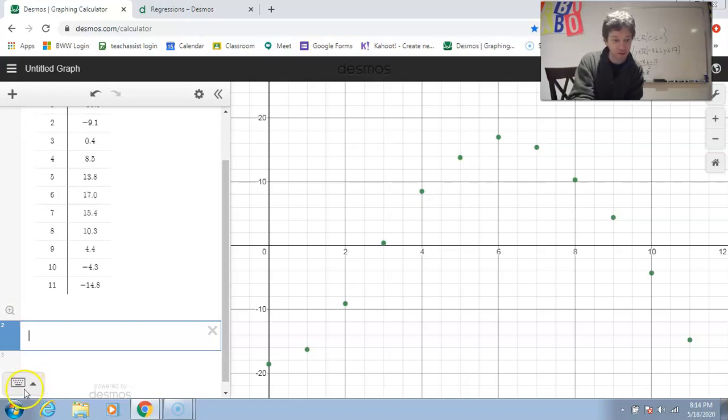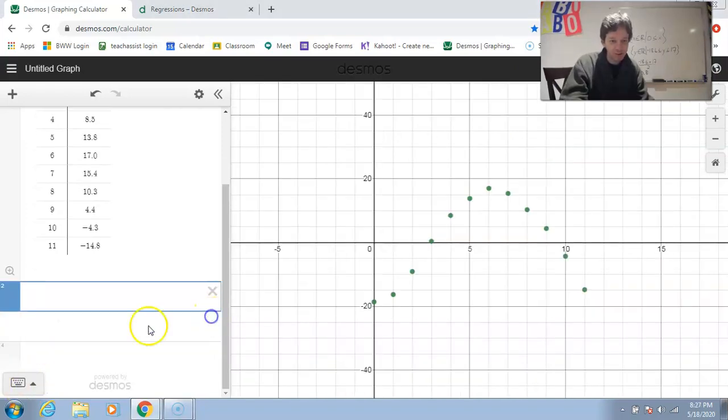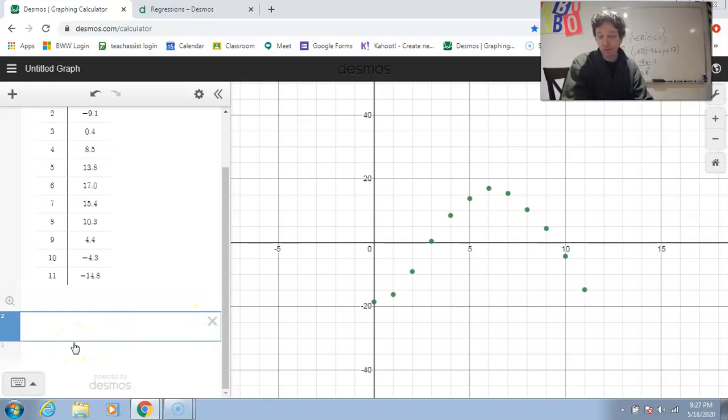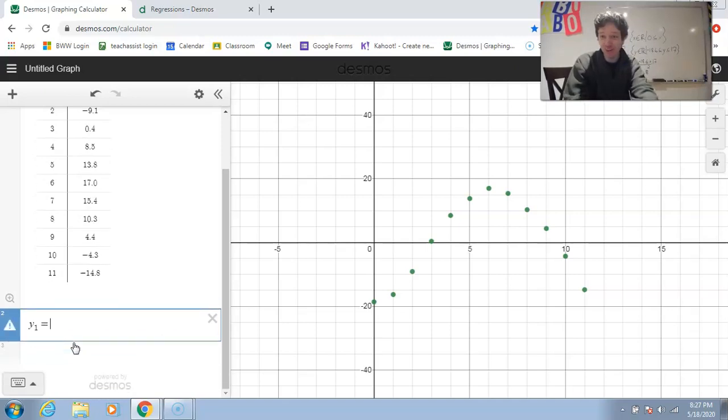Once we have a place to write our function, it's y, but since our data is y1, we're going to do y underscore 1. And we're not going to write equals.